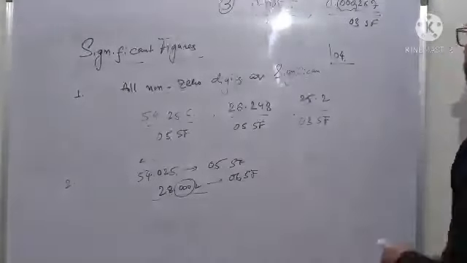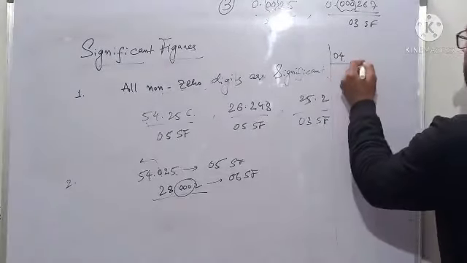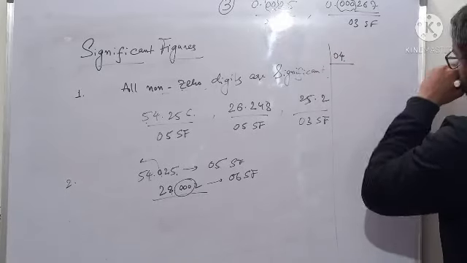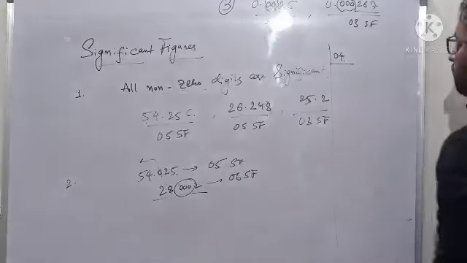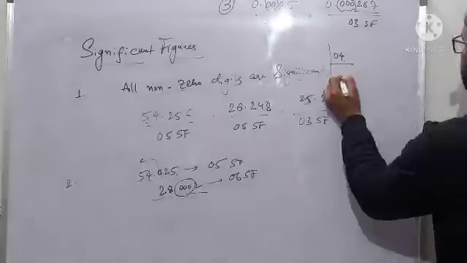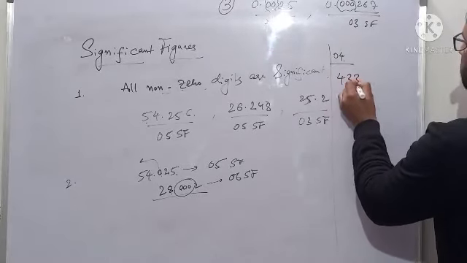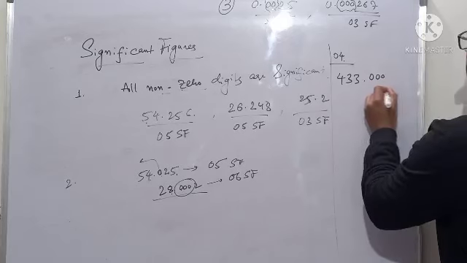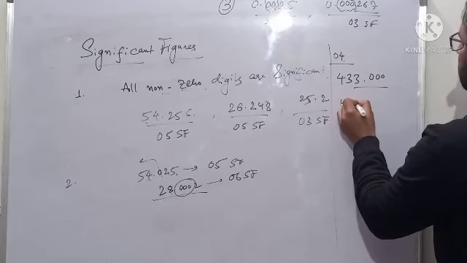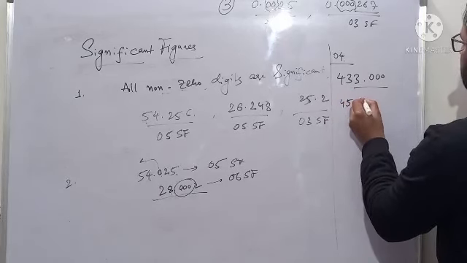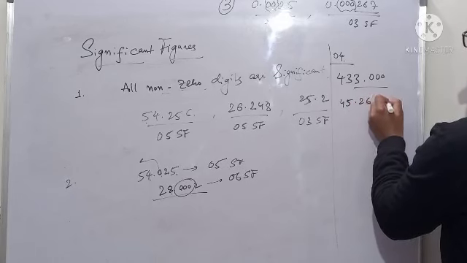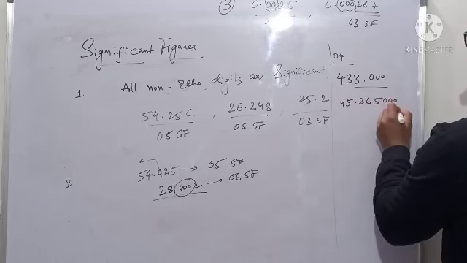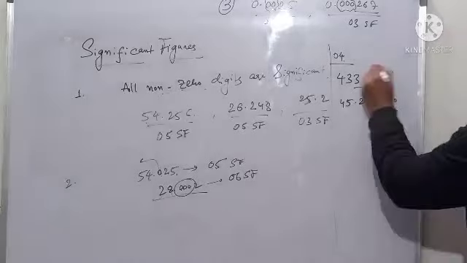Rule number 4 is the zeros which are to the right of the number, they are always significant. For example, we get a value of 433.000, okay, 265.000. So these zeros are significant.